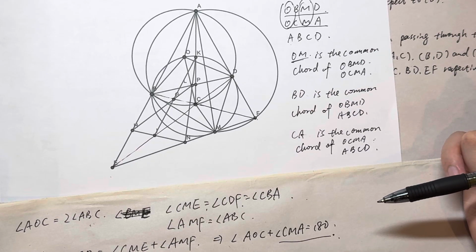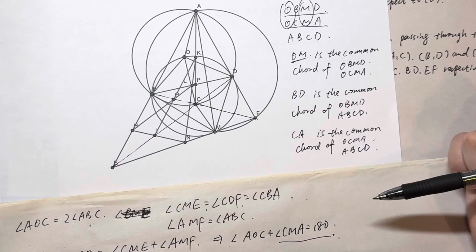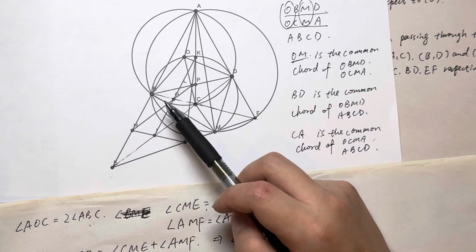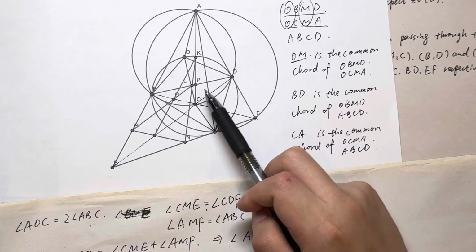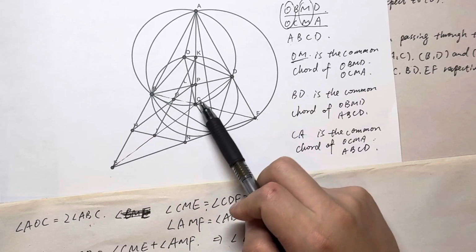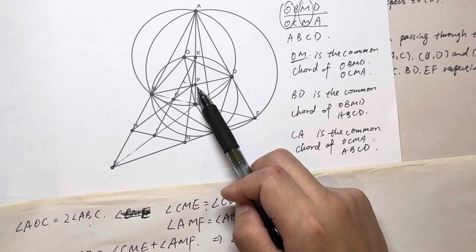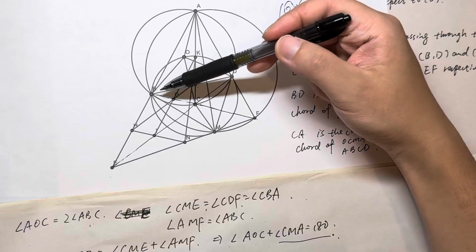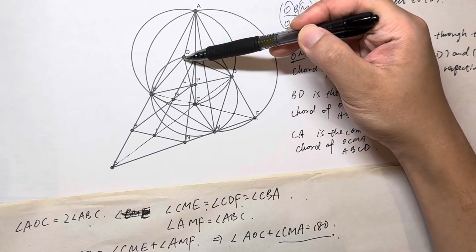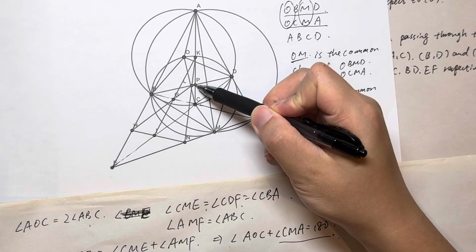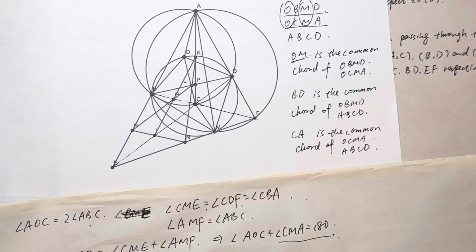If you remember the property of the radical axis, we know that these three radical axes are concurrent, which means the intersection point of BD and AC, the point P, is a concurrent point of BD, AC, and OM, which means P is on OM.